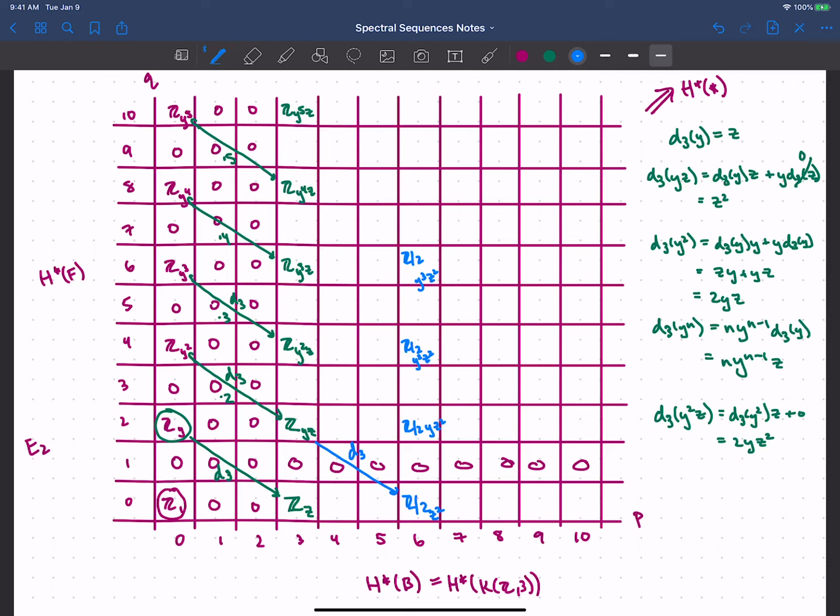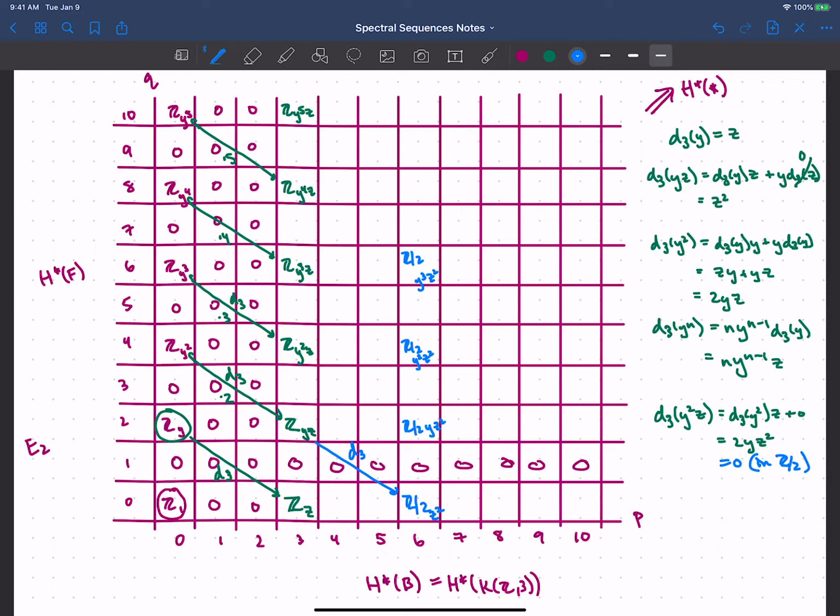So the point of that was that this differential on y squared z is supposed to hit 2yz squared. So that's 2 here, but that's 2 in a Z mod 2. So that's actually 0, because we're in a Z mod 2.